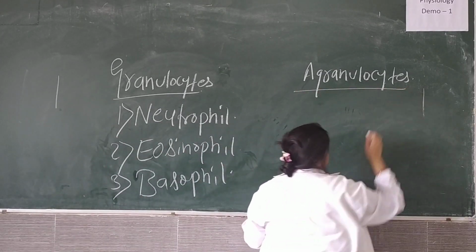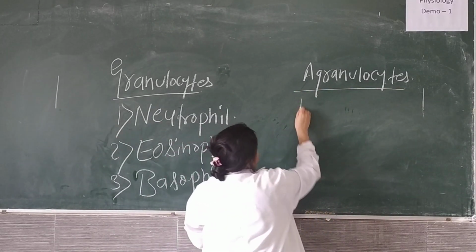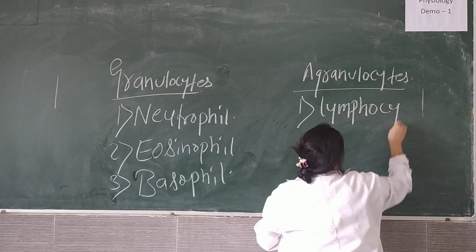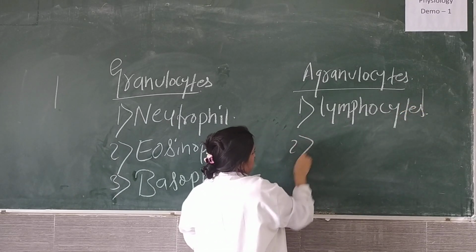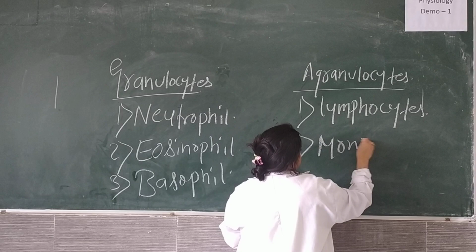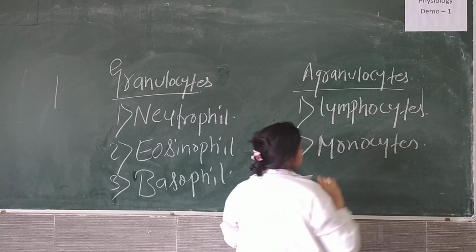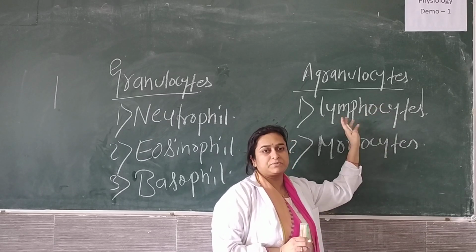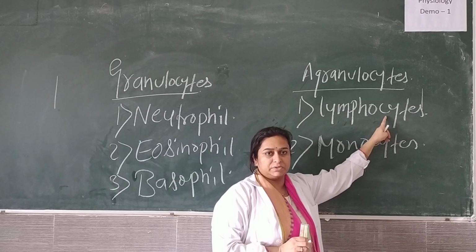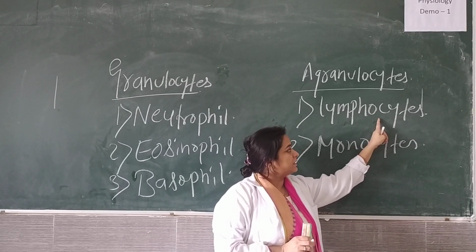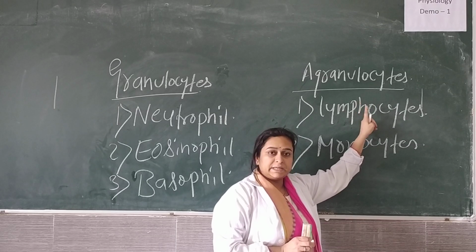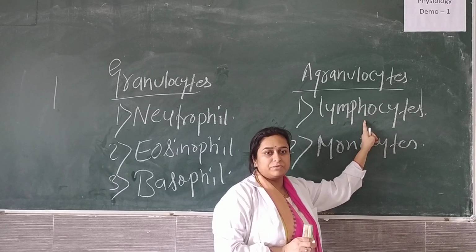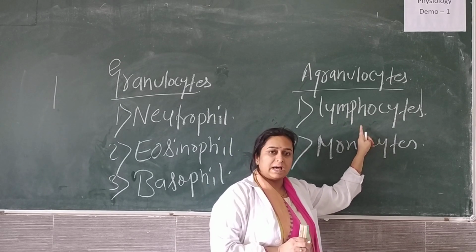Under agranulocytes, we will discuss lymphocytes and monocytes. Again, in lymphocytes, we have two different types of subdivision. One is functional subdivision, that is, lymphocytes can be functionally divided into T lymphocyte and B lymphocyte. Morphologically, we can divide lymphocytes into small lymphocyte and large lymphocyte.